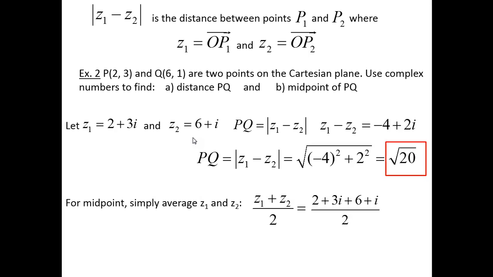So we have 2 plus 3i plus 6 plus i. So if we divide each of those by 2, we get 4 plus 2i. So the midpoint of that segment from p to q would be 4, 2. It's just another way of calculating distance and midpoint, but using complex numbers to do it.